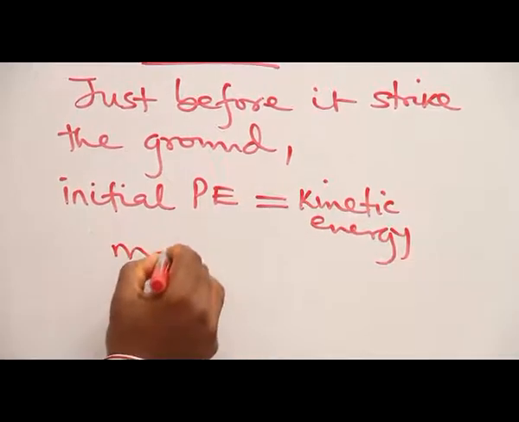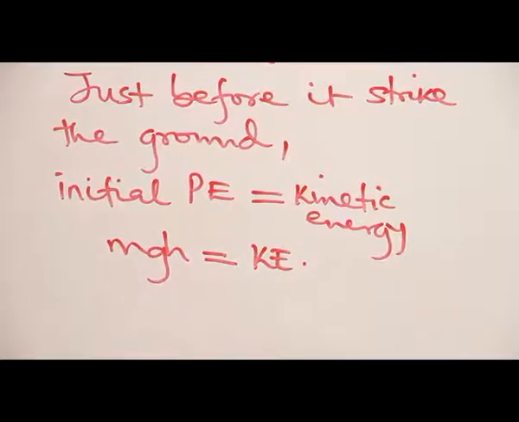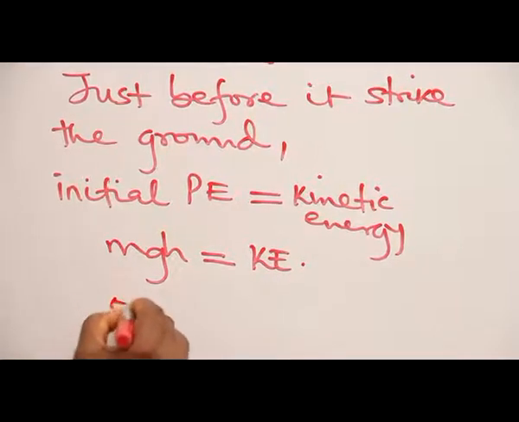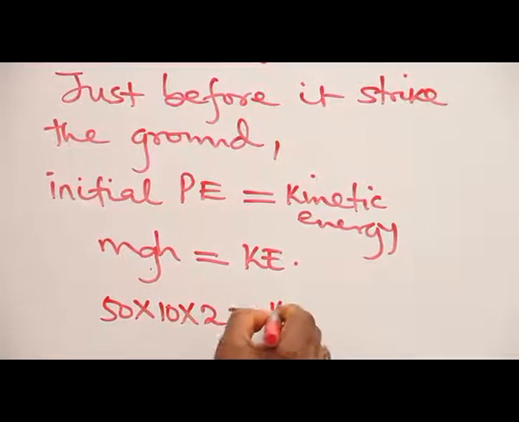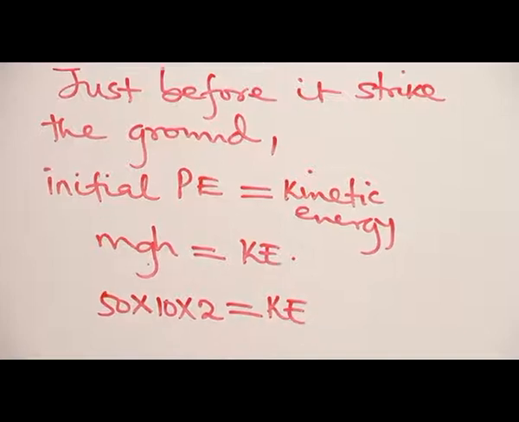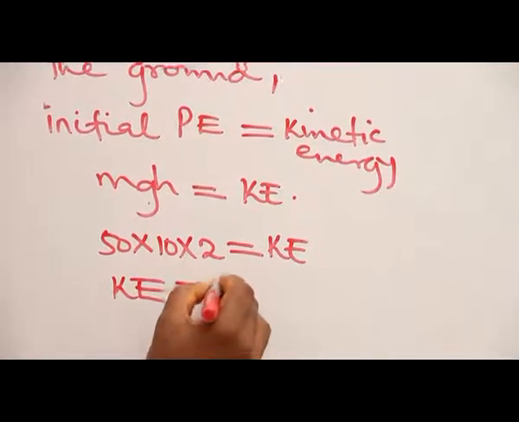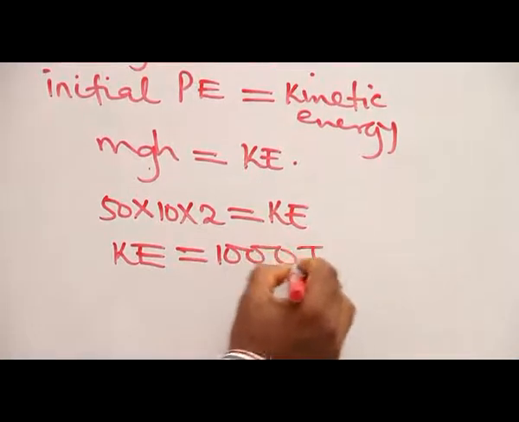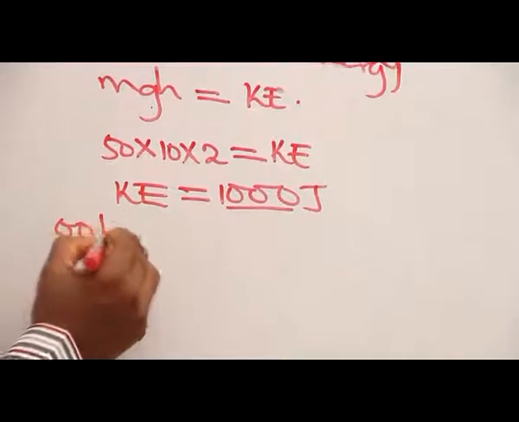That means mgh is used to calculate the kinetic energy. The mass is 50, g is 10, the height is 2. That will give us the kinetic energy just before it strikes the ground. KE is therefore 1000 joules. Option B is therefore correct.